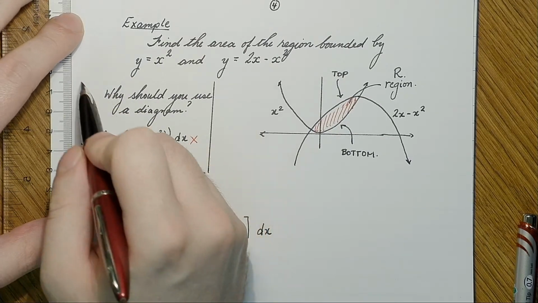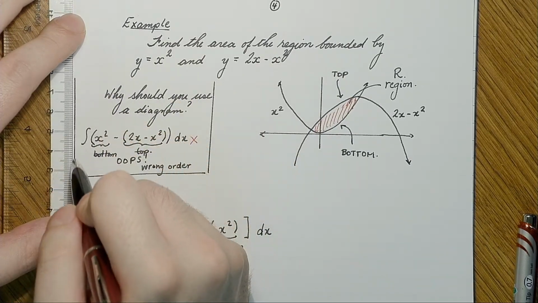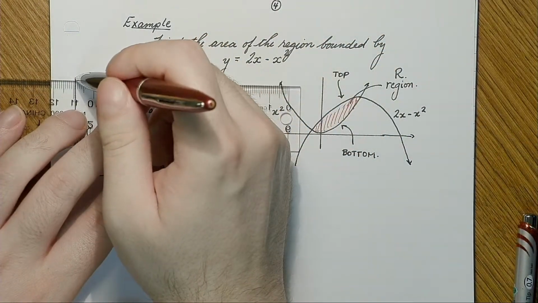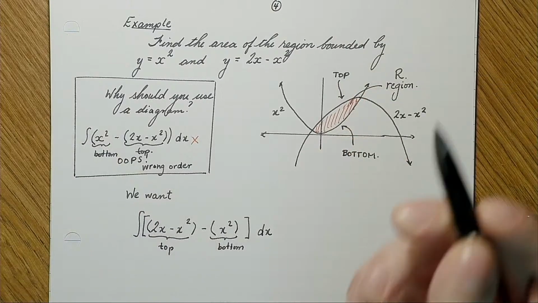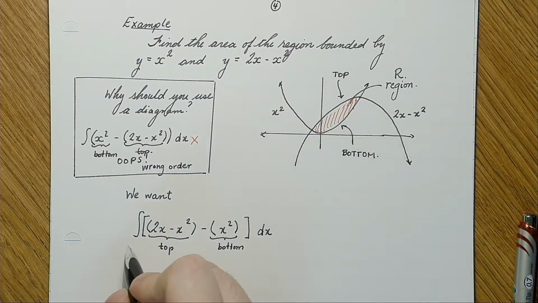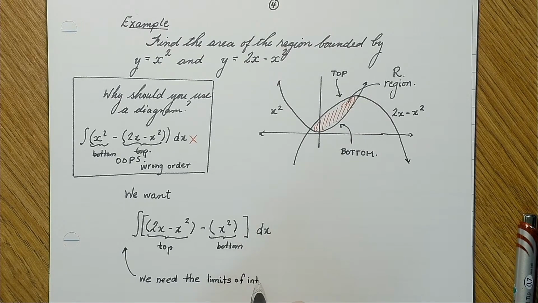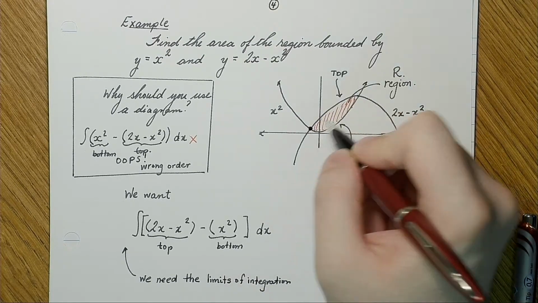Intercepts. Yes. What we need here is those limits, the limits of integration. And to do that, what we need is these points here.